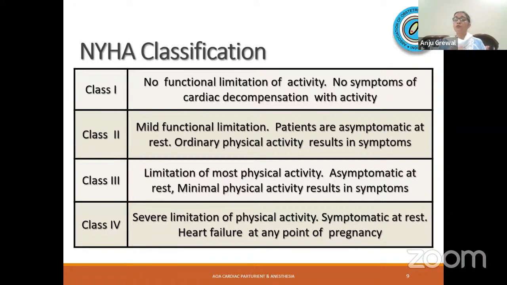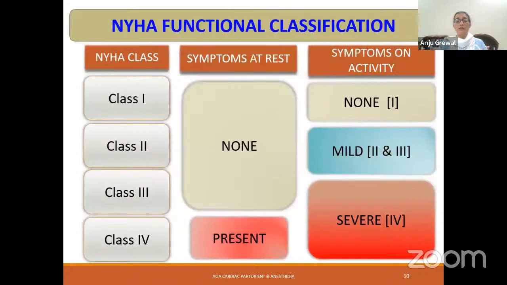It's very important to sit down and talk to your mothers and understand their level of usual exercise and the level of activity at which they are getting breathless or symptomatic, right? So to make it simpler for all of us, class 1, 2, and 3 will not show any symptoms at rest, but symptoms at rest, if they are present, mean the mother falls into NYHA class 4.